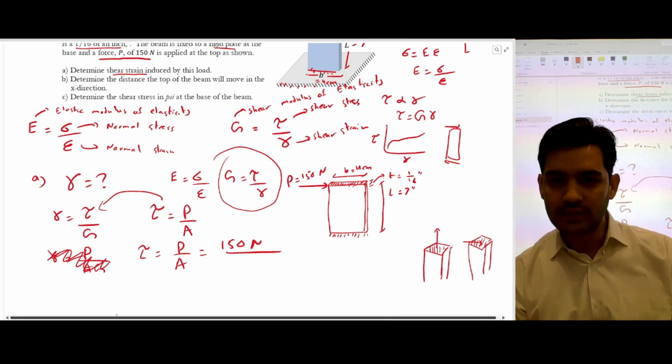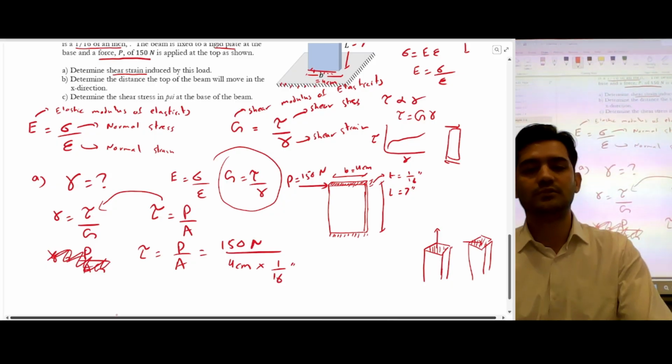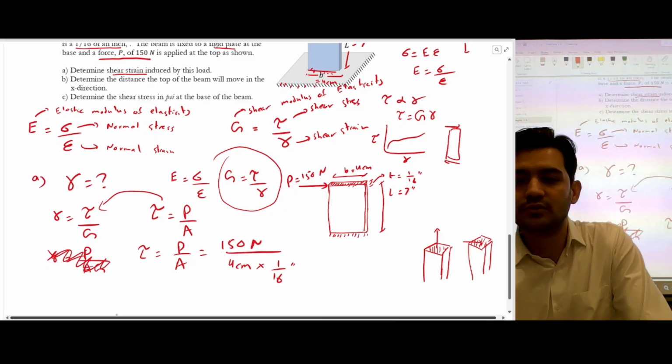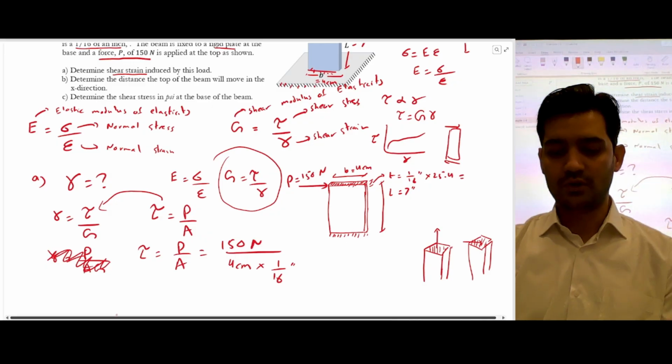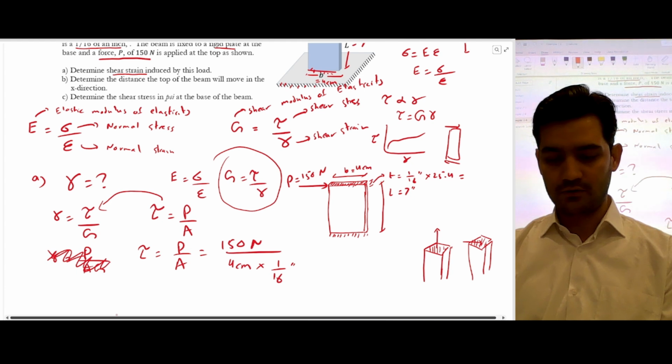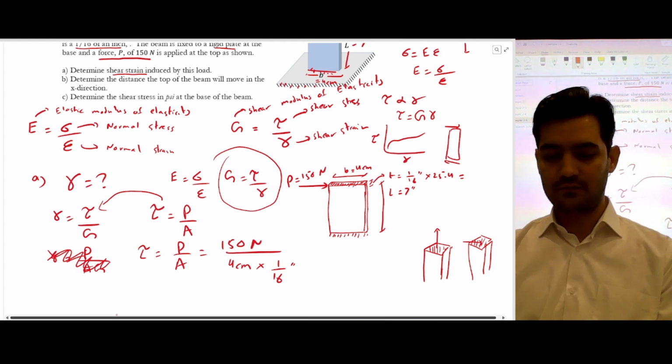So that is 4 centimeter into 1 by 16 inches. So we have to convert this also. Let's convert inch into millimeter: 1 inch is 25.4 millimeter. If you multiply with 25.4, you're going to get millimeter.